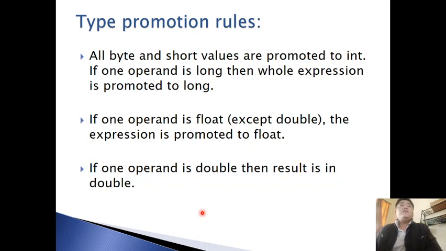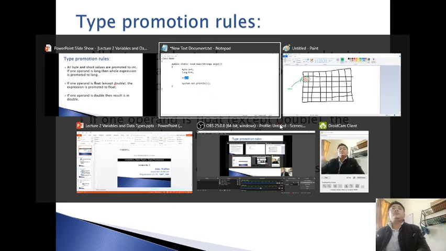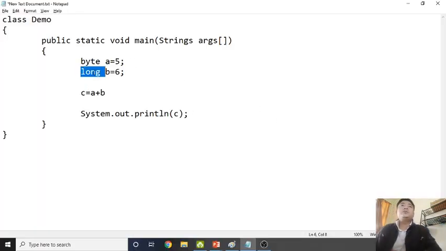Next, if one of the operands is float, except double, then the expression will be converted to float. So instead of this, suppose we have float B equals 6.5. So what is the result? What kind of data type will A plus B have?